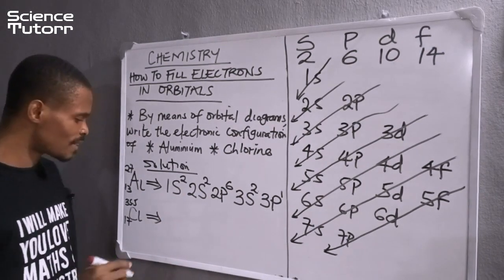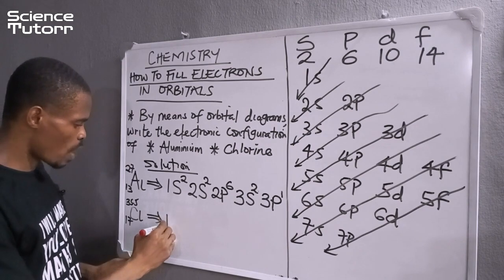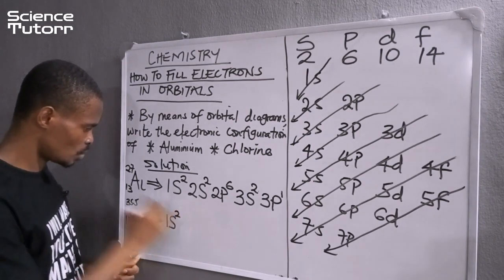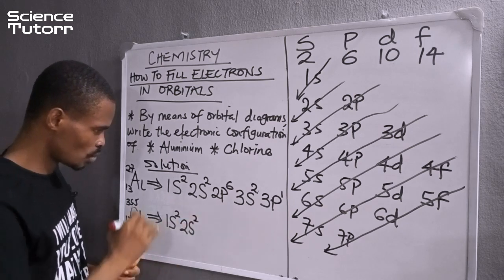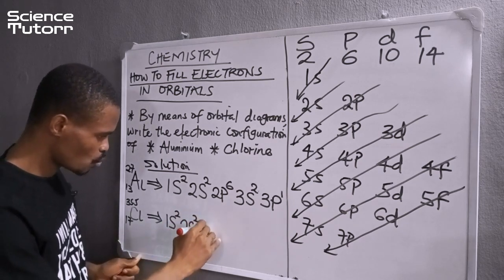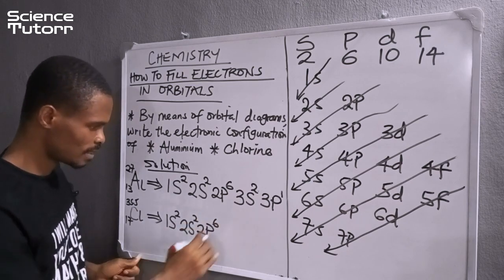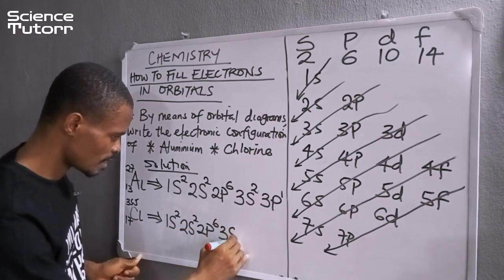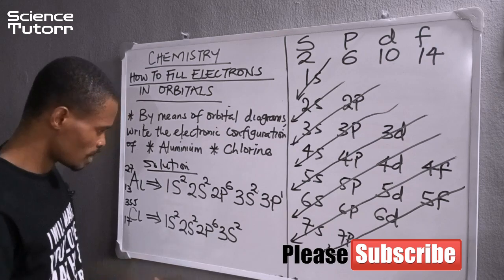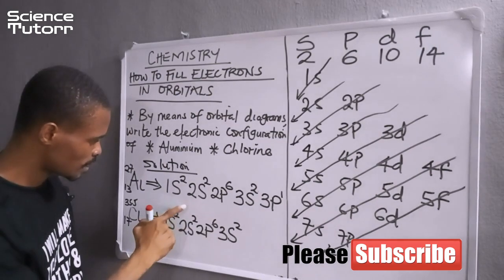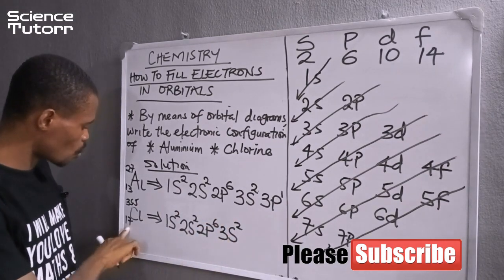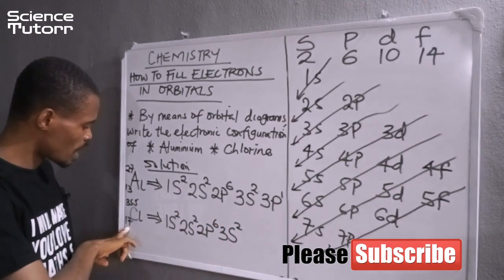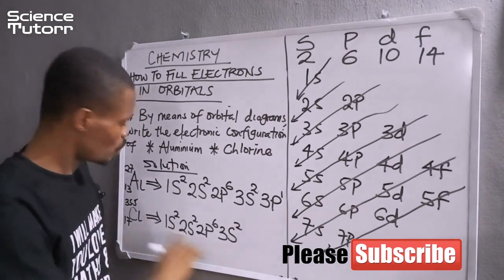From lowest energy level, we have 1s2, 2s2, 2p6, 3s2. Now let's count: 6, 8, 10, 12. 12 electrons gone out of 17, meaning we are left with 5.